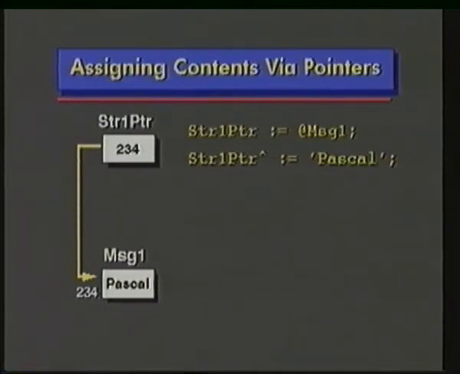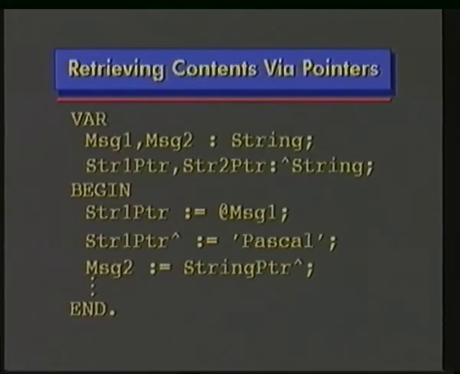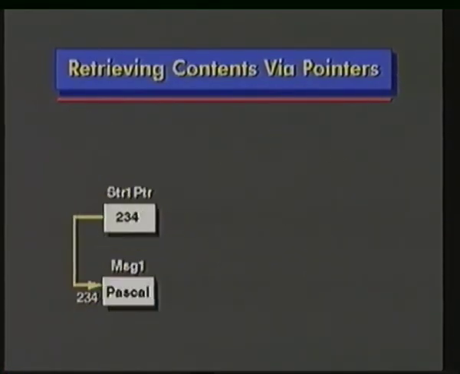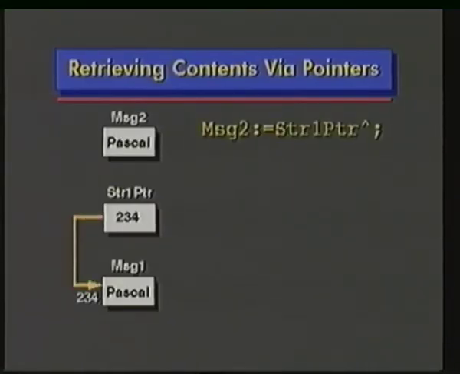Notice the use of the caret. When we want to assign a value to the address pointed to by the pointer, or when we want to retrieve a value from the address pointed to by the pointer, we show this by using the appropriate assignment statement with the pointer variable name followed by the caret. If we want, we can use these techniques simultaneously, as we see here.